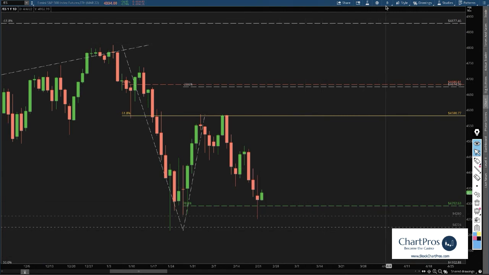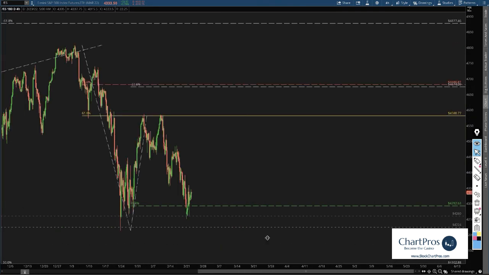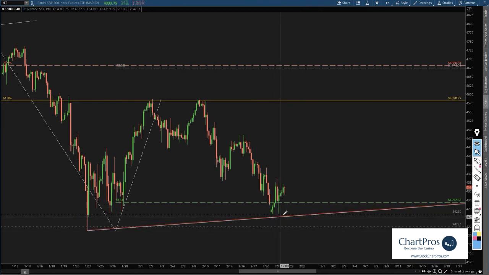So as we whittle this thing down to where we are right now, price can always do whatever it wants, whenever it wants, and go in any direction for any particular reason. But if I were to narrow this down from a day trader's view, remember we started at the monthly, as to what could possibly happen. We've got a couple levels, pretty much a zone, an area of support that's held a couple of times.